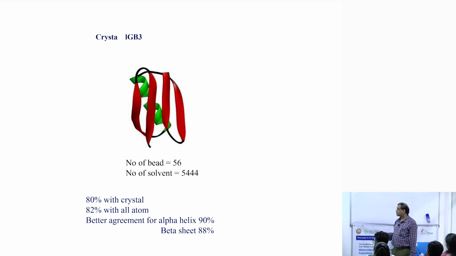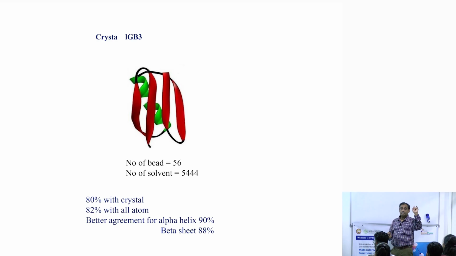For 56 beads, we require this many solvent oxygen atoms to solvate it properly. Once we do that, we calculate the Coarse-Grained potentials: the bond distance stretching constant, the bond angle bending constant, the dihedral potentials, and all other non-bond interactions, including the charge interaction, and do the simulation using Monte Carlo.